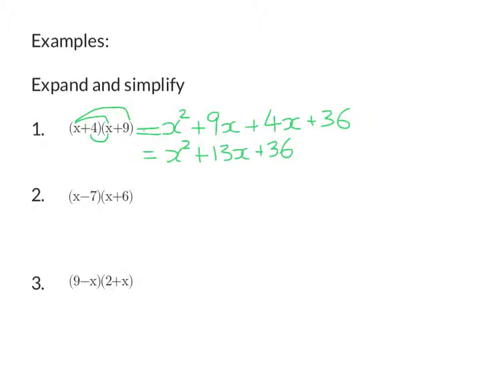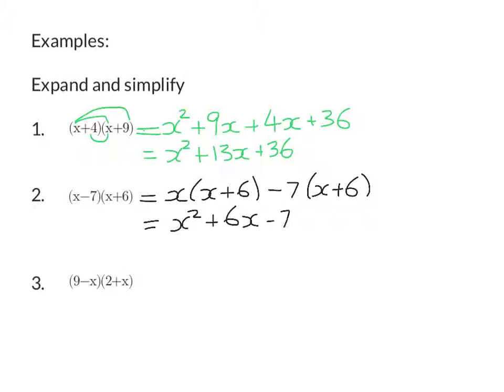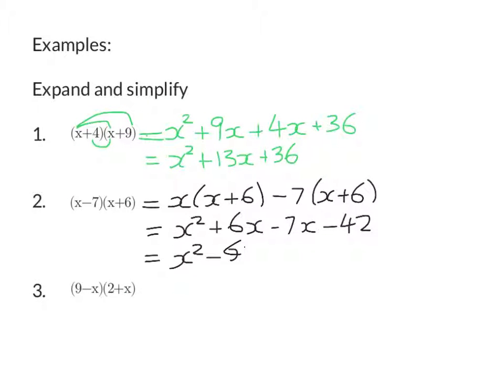Now the next one, I'm going to write out one extra step, which is that I've got x times x plus 6 minus 7 times x plus 6. So that gives me x squared plus 6x minus 7x minus 42, which is x squared minus x minus 42. If you're doing that straight with the FOIL method, remember, always keep the sign with the number straight after it.